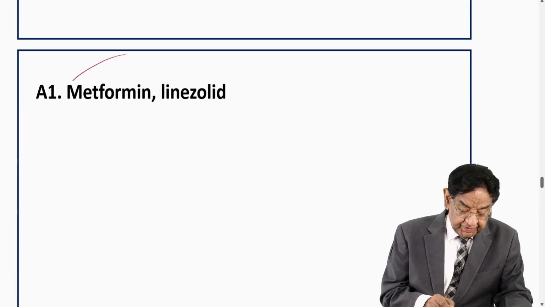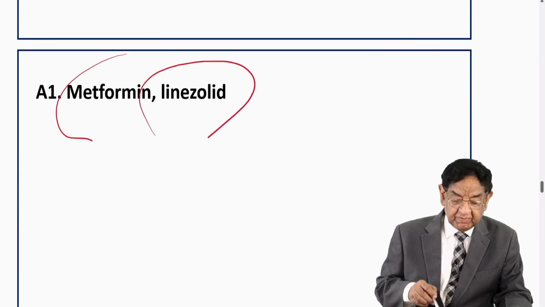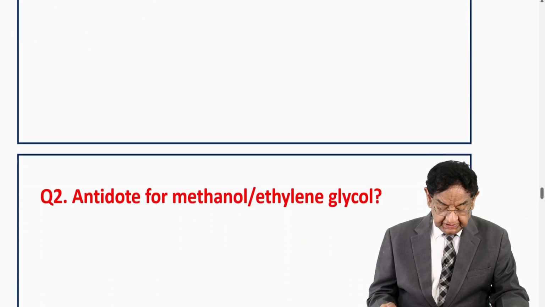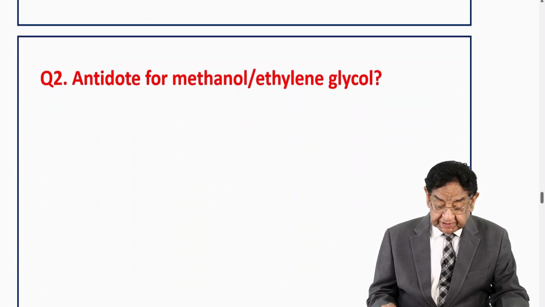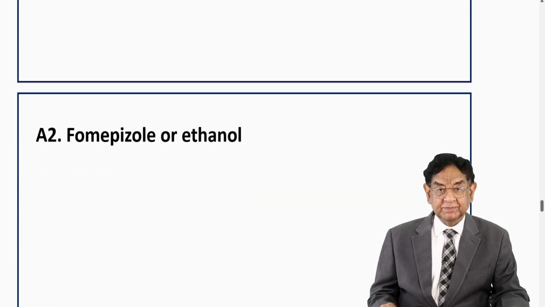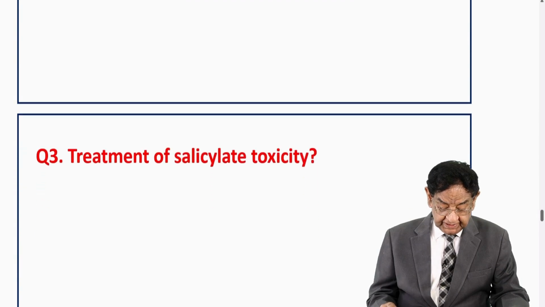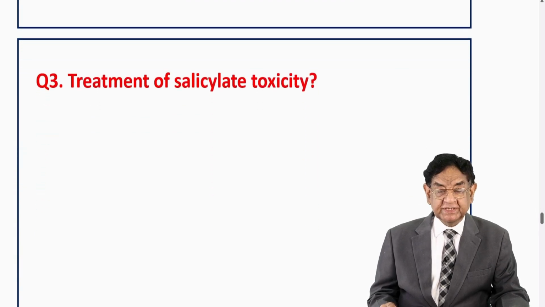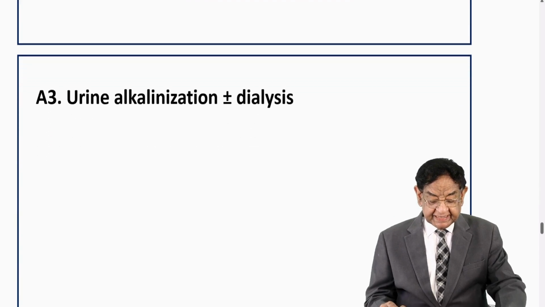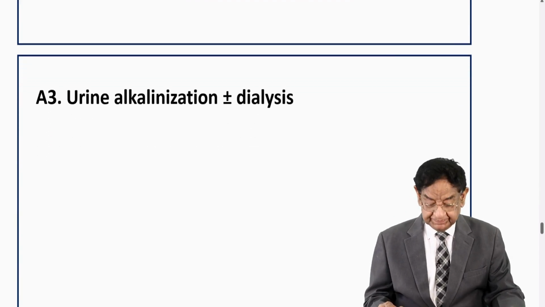This is known to everyone, but this is the rank number 1 question. Linezolid is a cause of lactic acidosis. Antidote for methanol or ethylene glycol poisoning? Fomepizole or ethanol. Treatment of salicylate toxicity: urine alkalinization and dialysis.